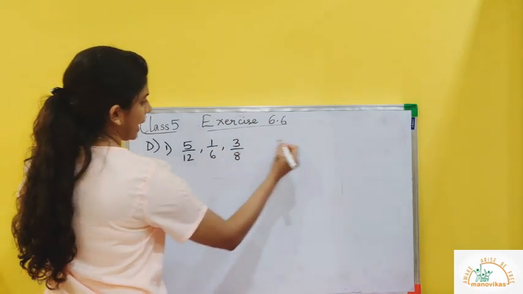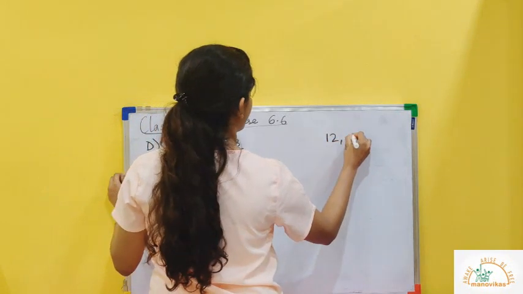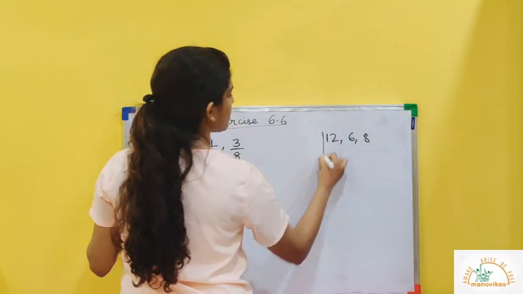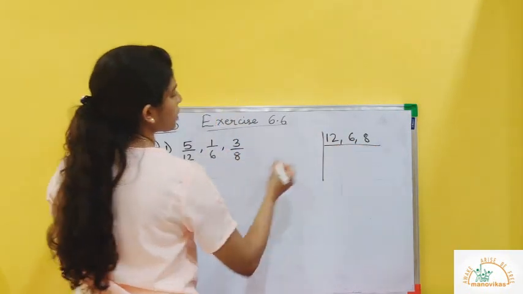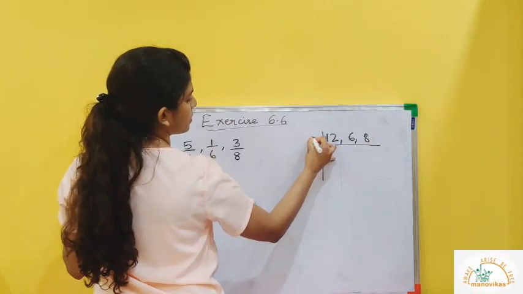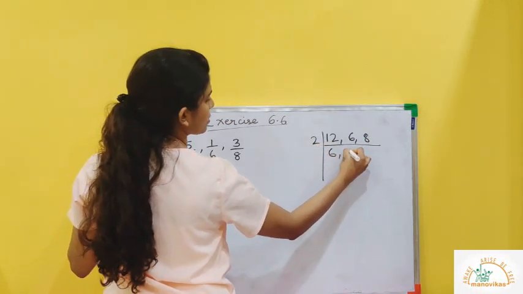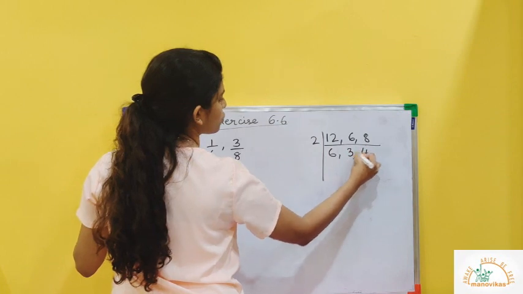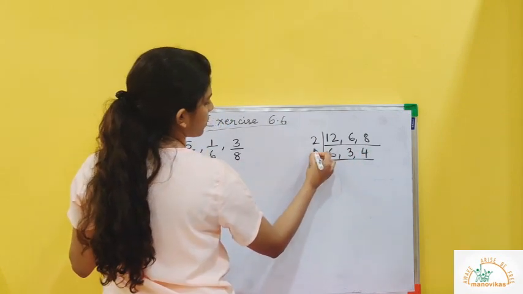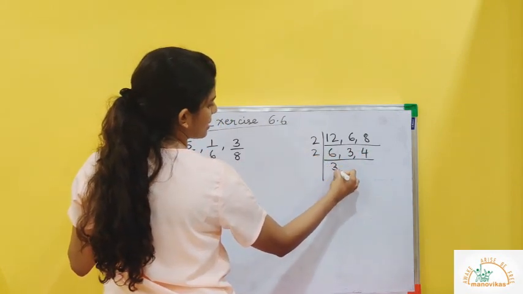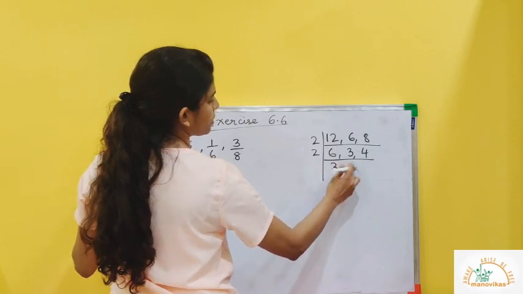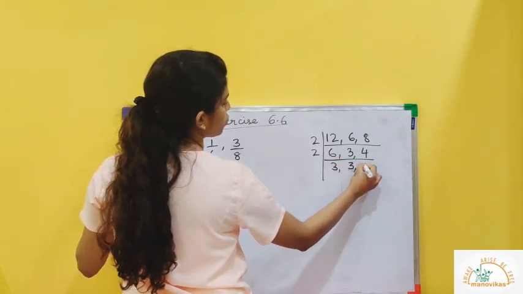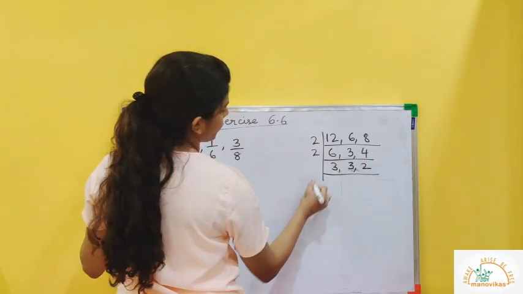So you have to find the LCM here. So all are even numbers. 2 into 6, 2 into 3, 2 into 4, 2 into 3. 6, bring down 3, 2 2s are 4.